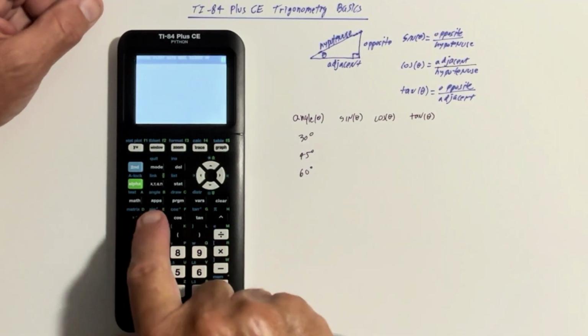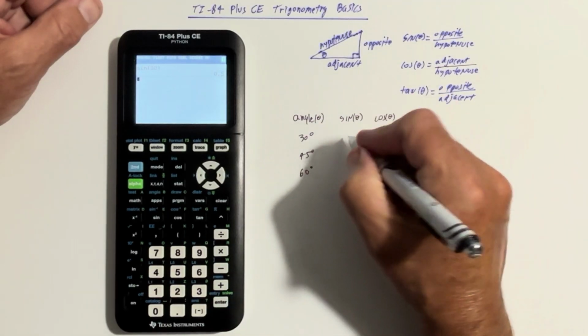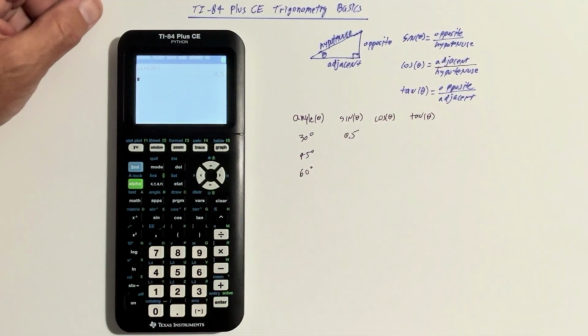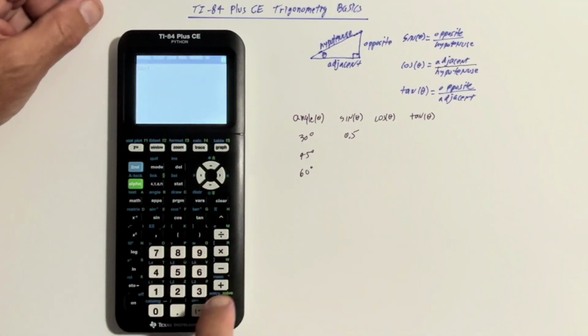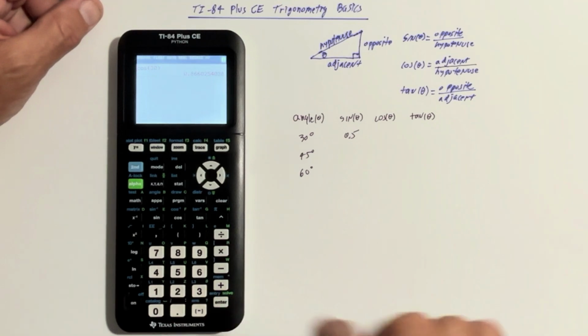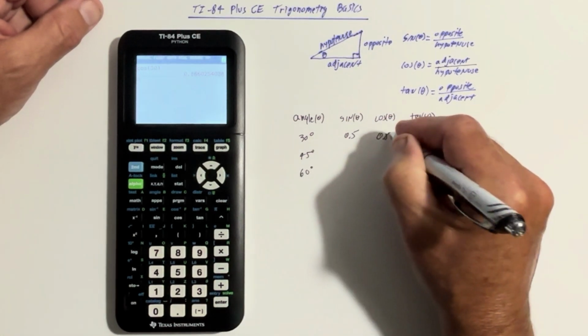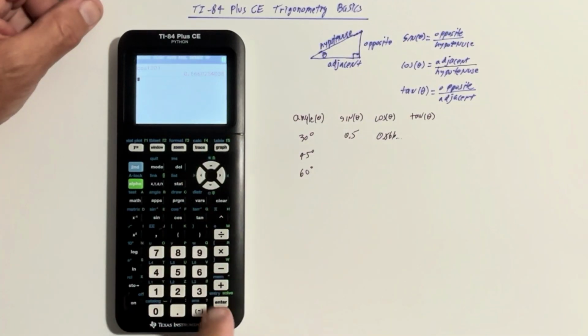Okay, so first let's do the sine of 30. Sine 30, close our parentheses, enter, 0.5. Now let's do the cosine of 30. Let's clear it. Hit the cosine button, 30. Close the parentheses, enter, 0.866 on and on, and then clear.